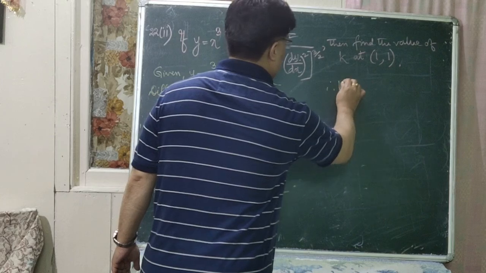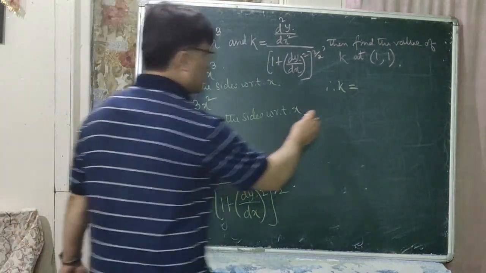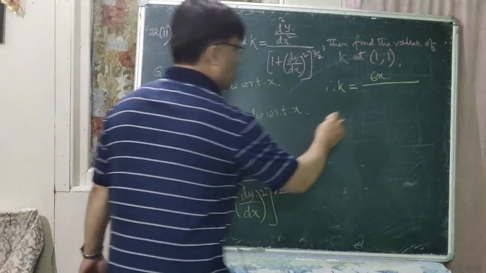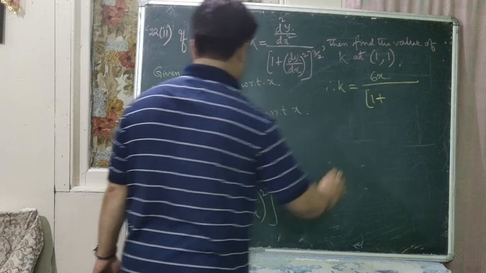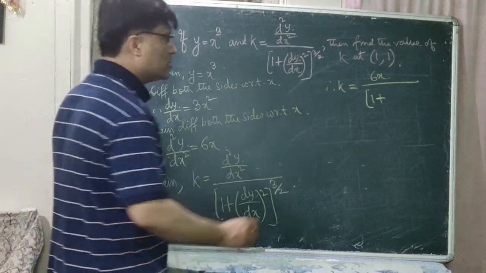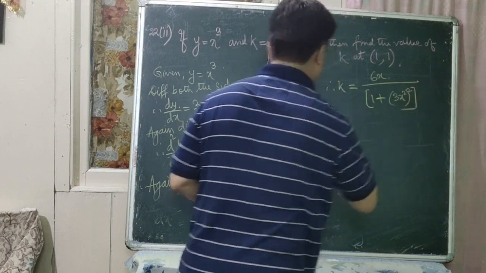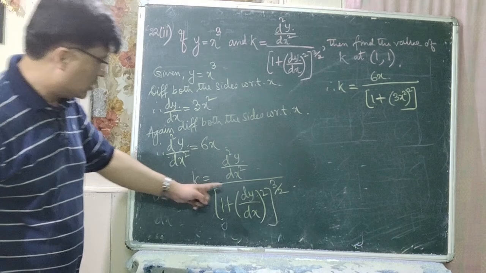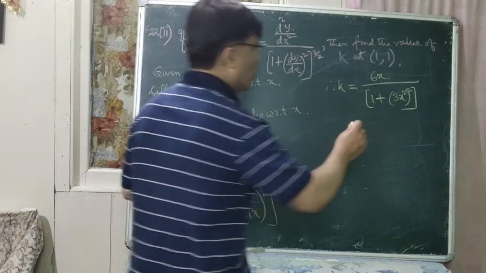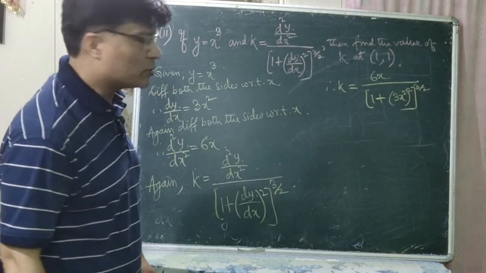So therefore k is equal to, what is d2y by dx square? It is 6x divided by within third bracket 1 plus, what is dy by dx? It is 3x square. So it is 3x square whole square, right? Dy by dx is 3x square, so it is whole square, third bracket closed, whole to the power 3 by 2. I think you have understood it.